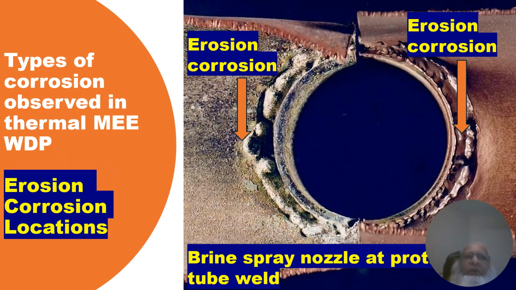This slide shows a pictorial representation of erosion corrosion location as observed in the thermal MEE water desalination plant. It is a part of the spray header brine spray nozzle. You can see that the erosion corrosion is observed at the protruded tube weld on both sides of the spray header tube.